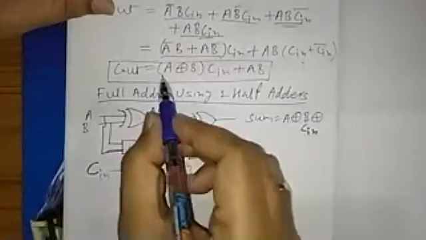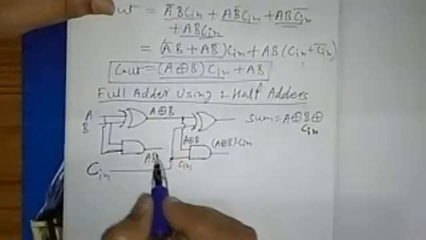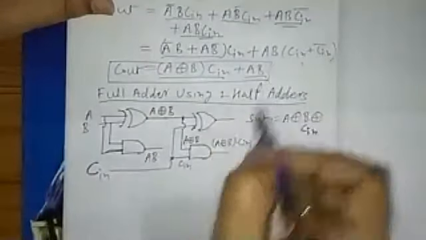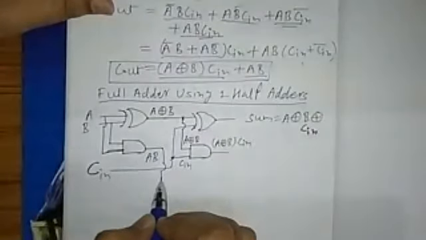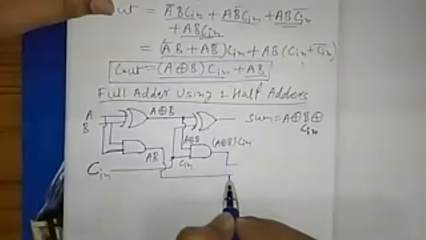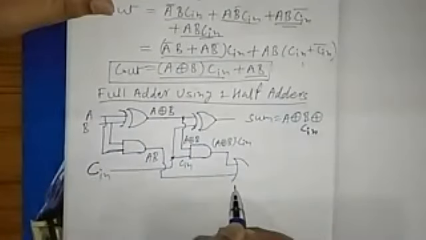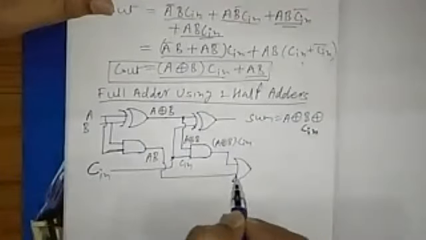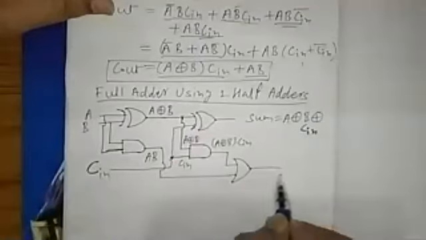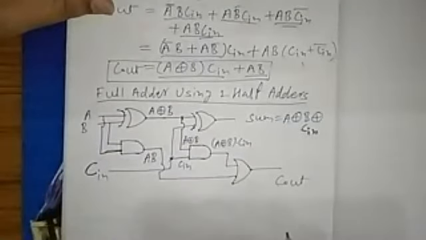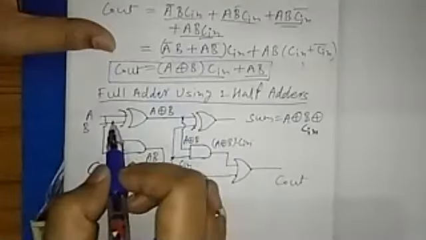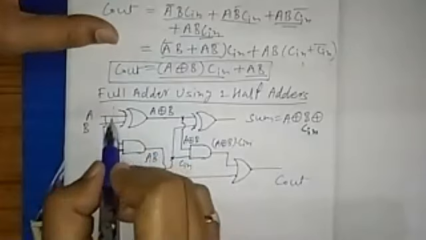Okay, I got this term, and then from here AB, this term. These two are ORed here, therefore this is an OR gate, and C out. Okay, now therefore if I want to show this, this is a half adder.